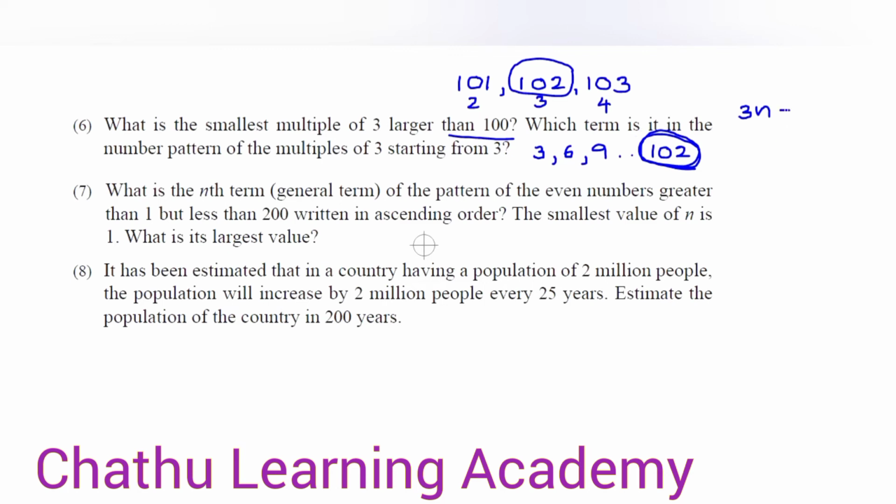Then 3n is equal to 102. We can equate. Now we can find the value for n by dividing by 3. n is equal to, here you can find the answer as 34. It means the 34th term is equal to 102.